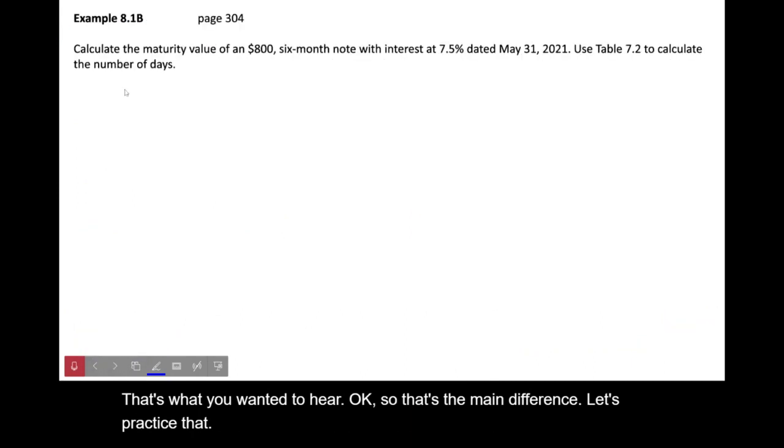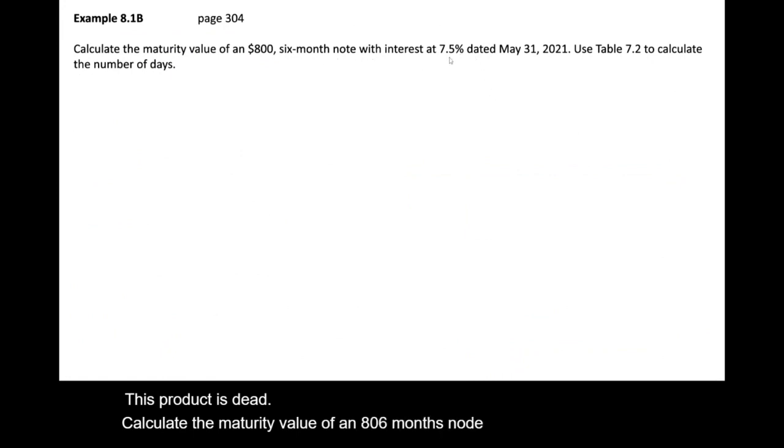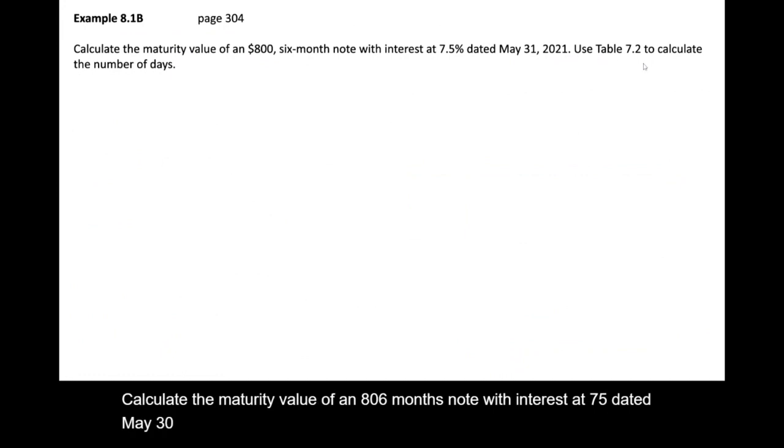Calculate the maturity value of an 8-month note with interest at 7.5%, dated May 31, 2021. Yeah, use the table. I just did this table. Remember, guys, we used that table already.